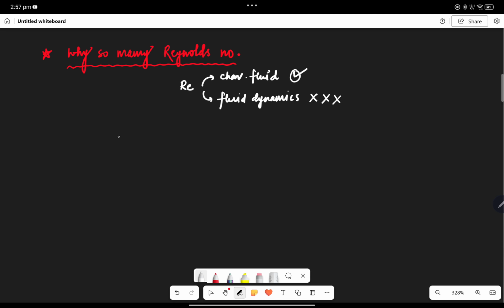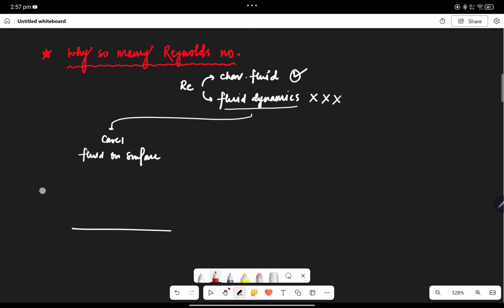Suppose this is case 1, and we are talking about this fluid dynamics only. Case 1, fluid on a surface, right? So this is my surface, and the fluid is flowing on the surface. First of all, the fluid gets no friction from the surface.